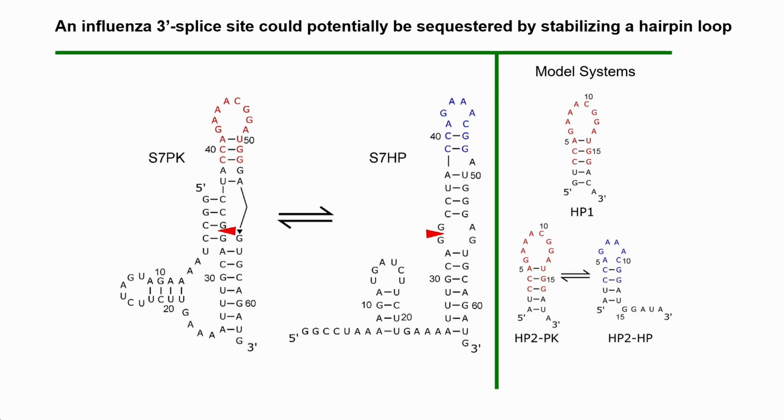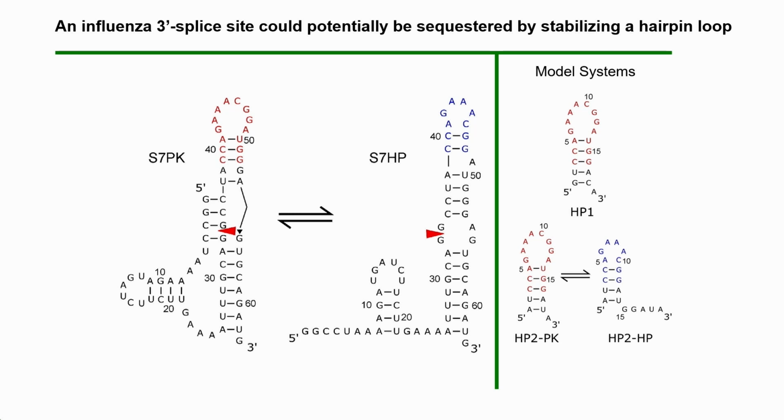The right secondary structure, S7HP, so these two are in equilibrium in solution, in that secondary structure, the splice site is in the middle of a 2x2 internal loop, so it is accessible.